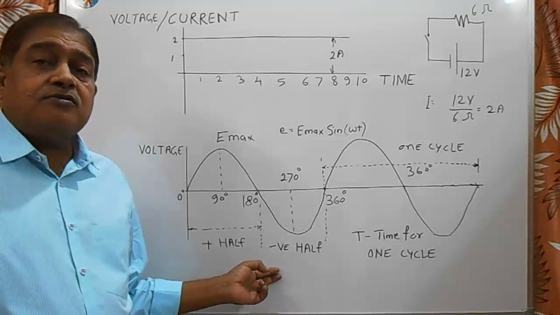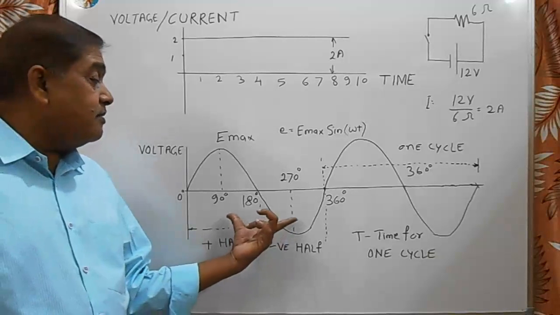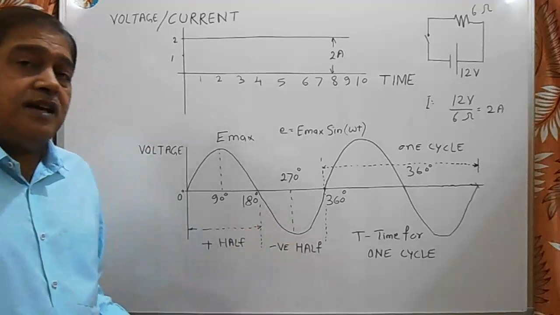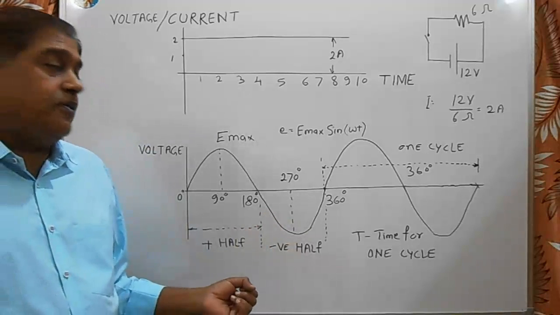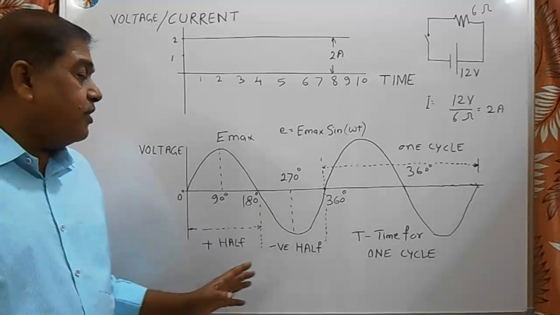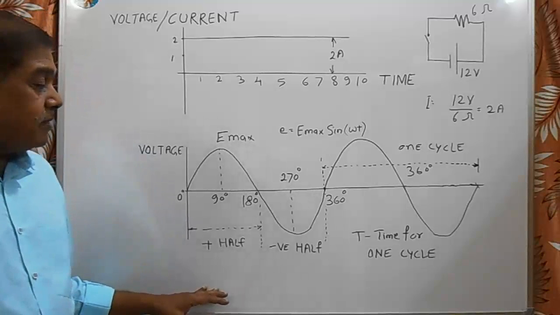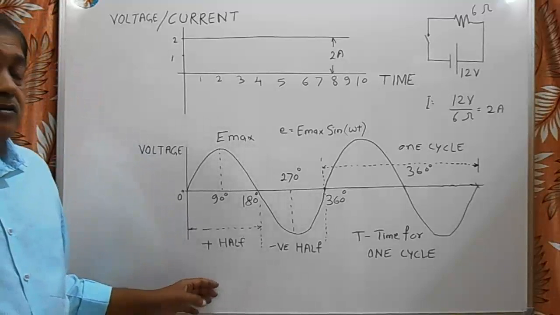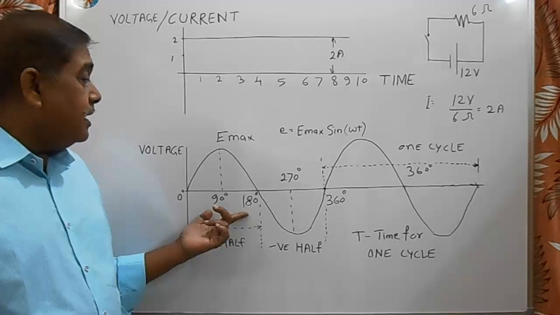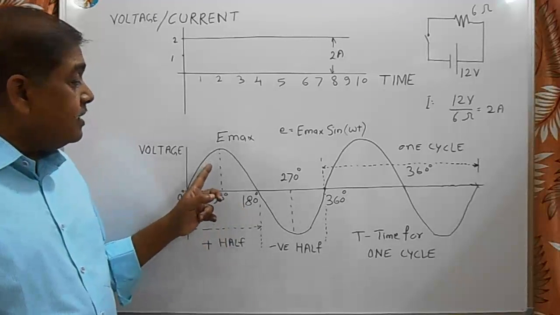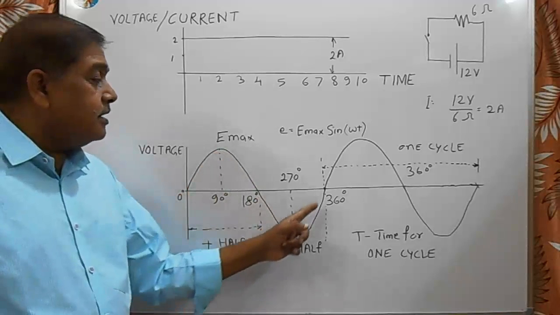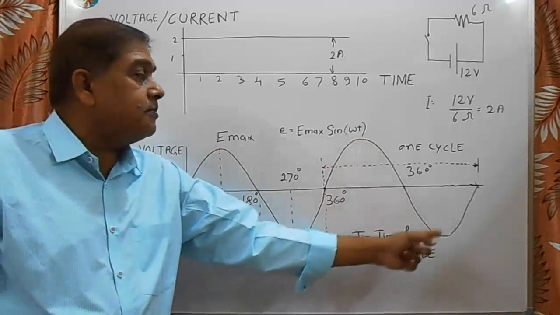If frequency goes to 100 Hz, then the time period becomes 10 milliseconds. So the frequency of the AC supply system is very important for finding the time period and for calculating many parameters of an AC circuit. This is why it is alternating, because one half is positive and the second half is negative, the third half is positive, the fourth half is negative.